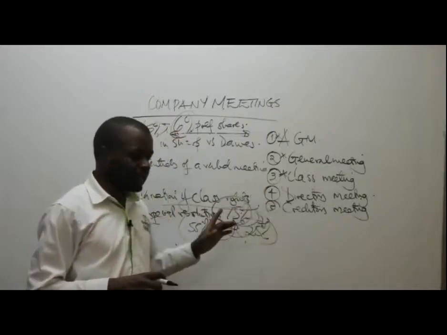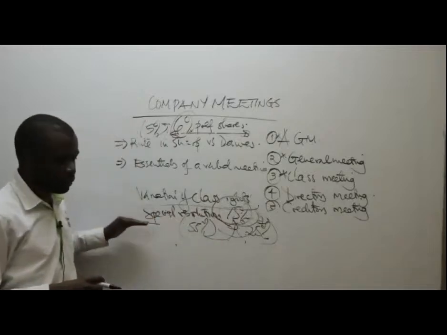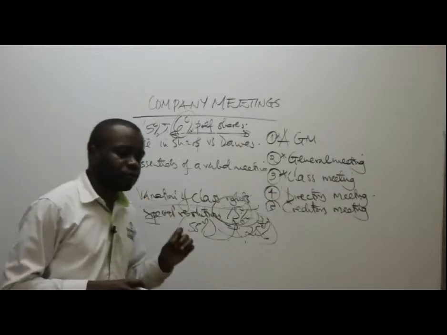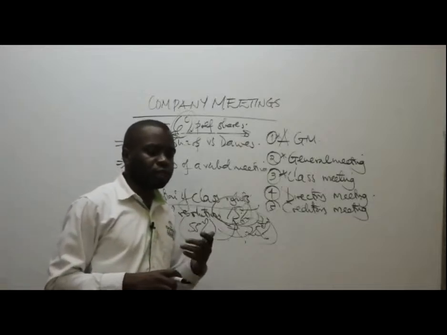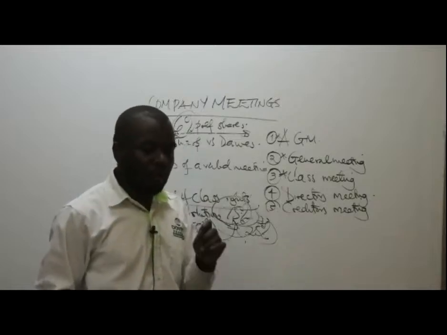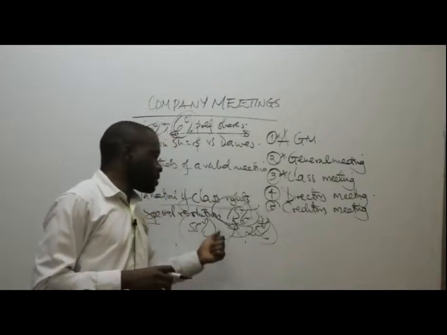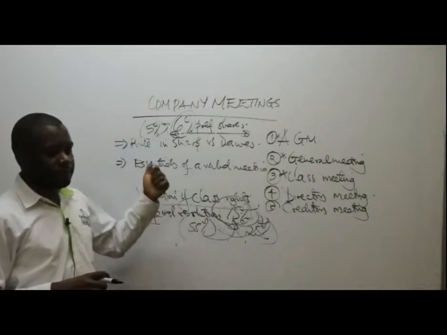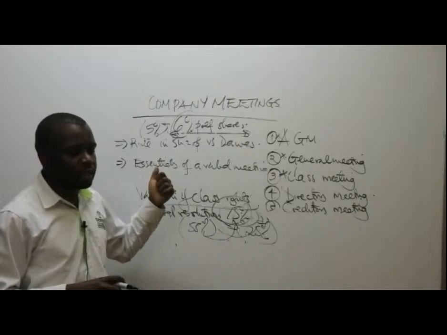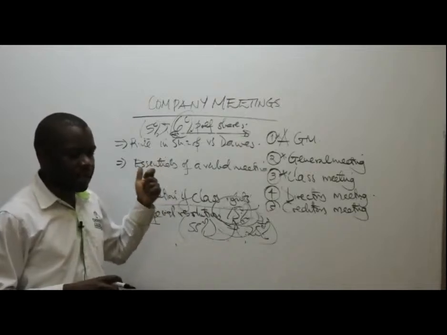At the class meeting, they'll pass a special resolution. What is a special resolution? A resolution that must be approved by at least holders of voting rights of 75% in that class of shares. Once that has happened, the resolution will be presented to the company, and the company can proceed and do the variation of class rights in that class of shares.